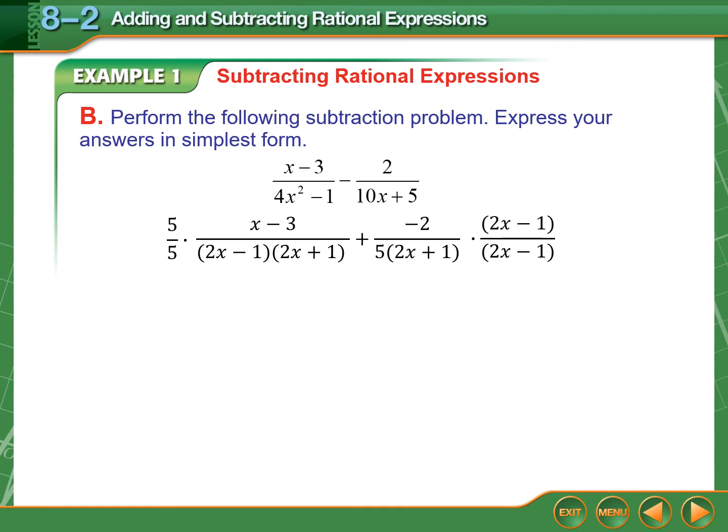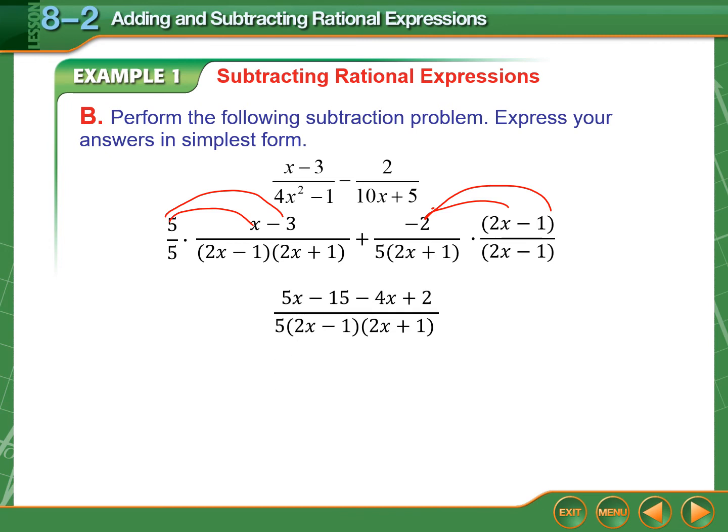And so let's start simplifying my numerator. That 5 times that x minus 3 should turn into 5x, and 5 times -3, which is -15. And then on this side, -2 times 2x is a -4x, and -2 times -1 is a +2. So there you go.